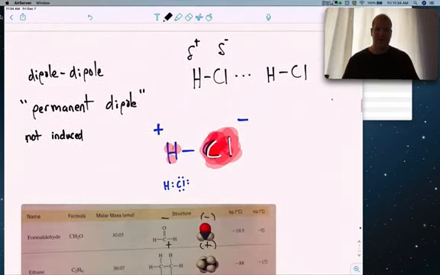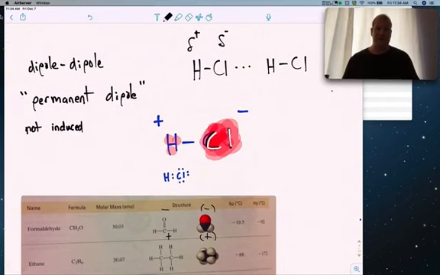So how can we get stronger? Well, instead of induced dipoles, we just have plain old dipoles. Dipole-dipole, or permanent dipole: these are polar molecules, and polar molecules have a slightly stronger partial charge, and as such they will have more attractiveness. For instance, the partial positive and partial negative in the polar molecule hydrogen chloride.